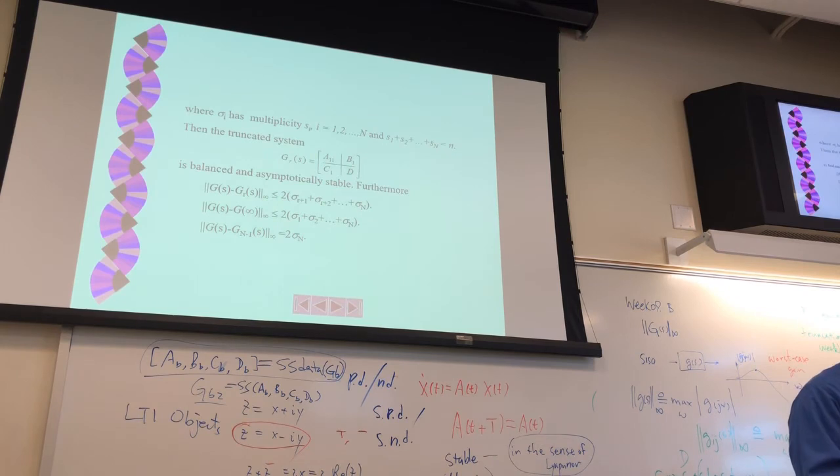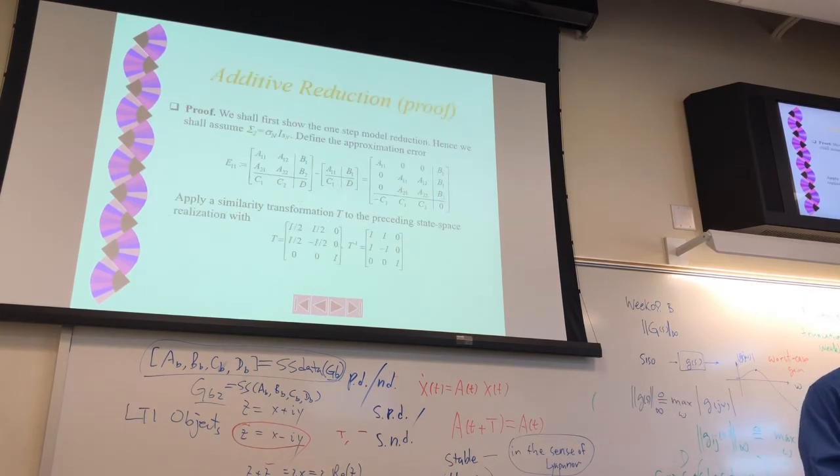So how to prove all these things? Probably we should not go through them. This is additive reduction, but I want to show you there's another part, called multiplicative.